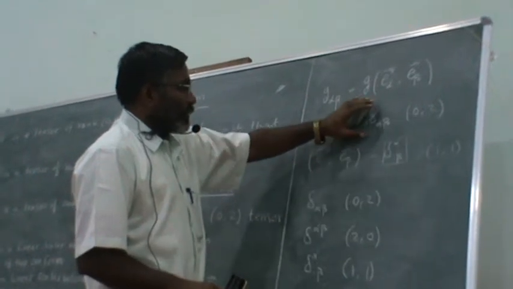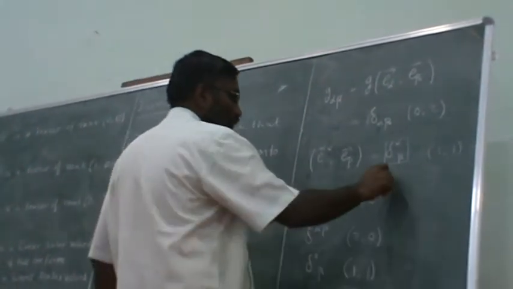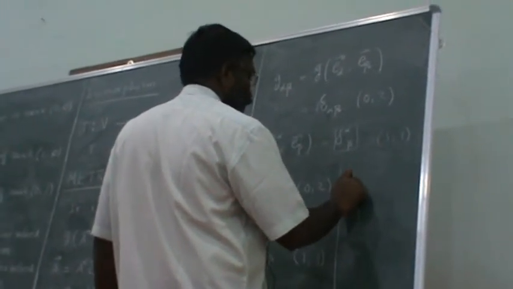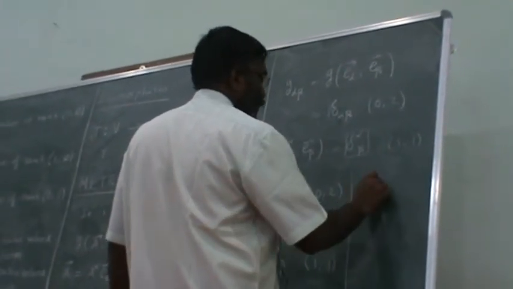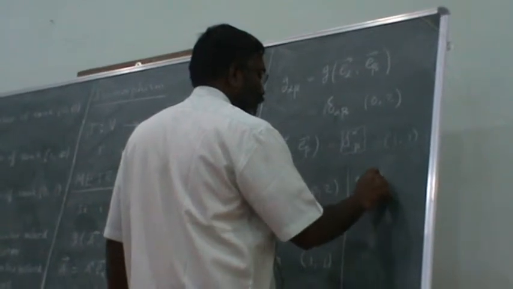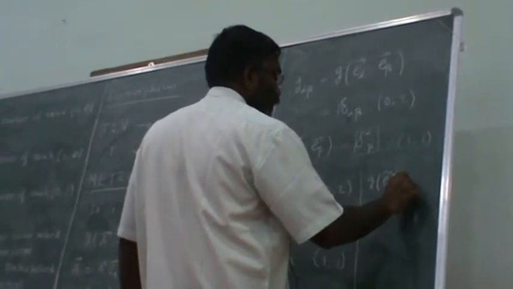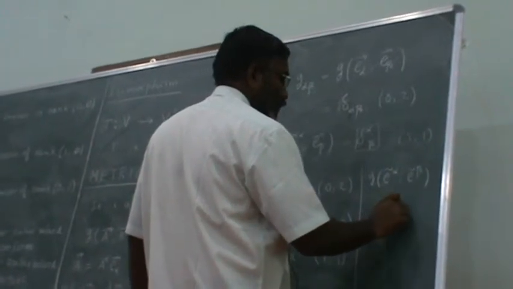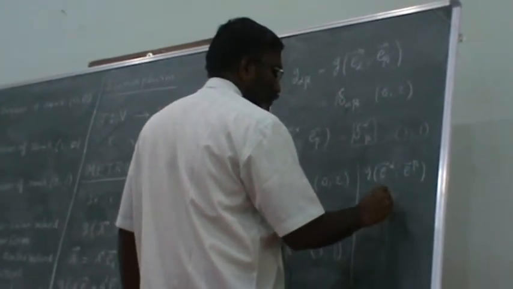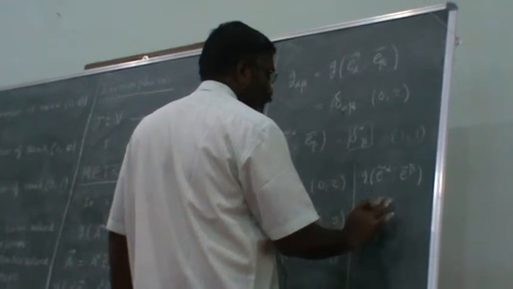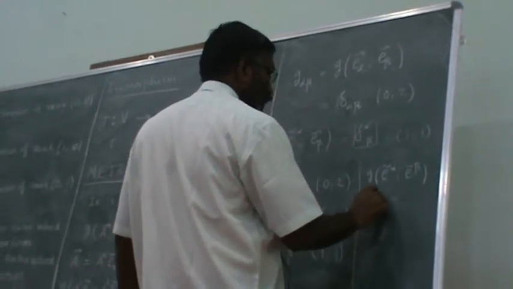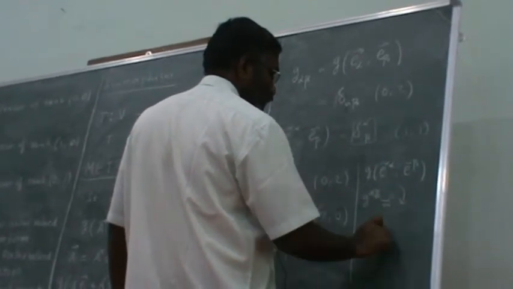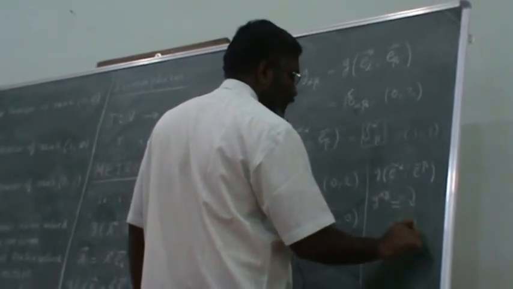But yeah, you can always ask this question: what is the G of E alpha comma E beta? You call this G alpha beta, which is nothing but delta alpha.